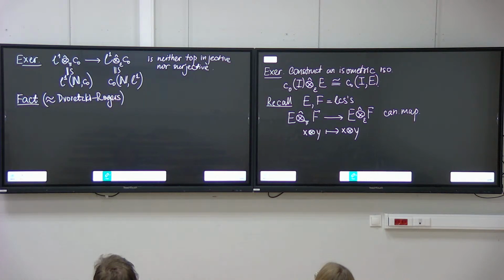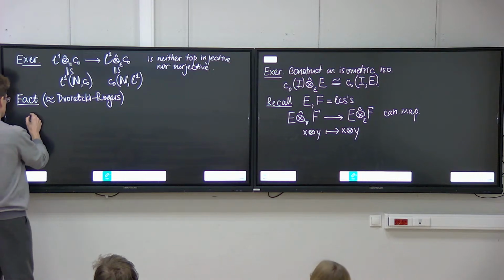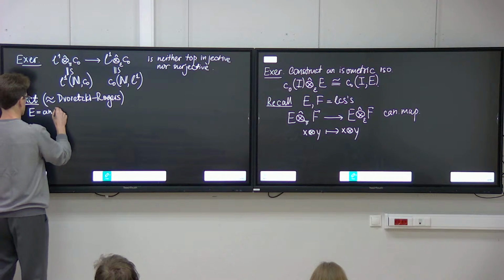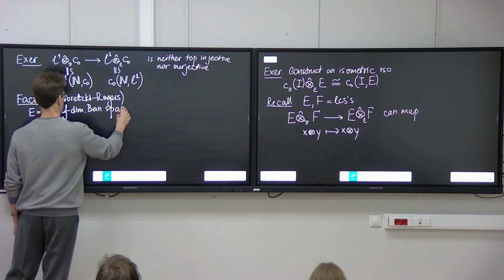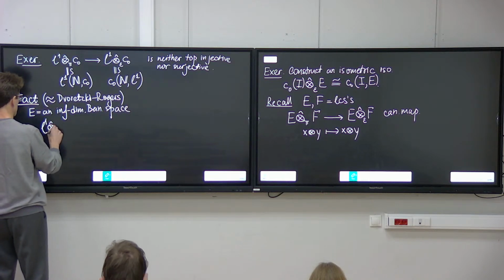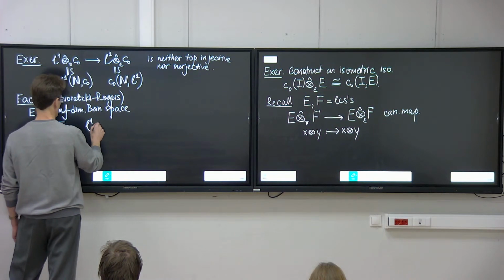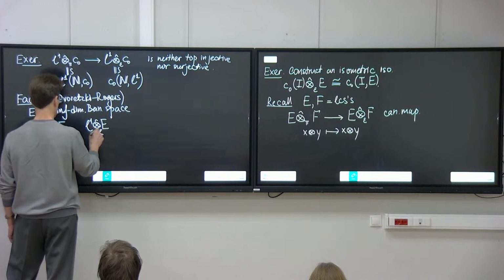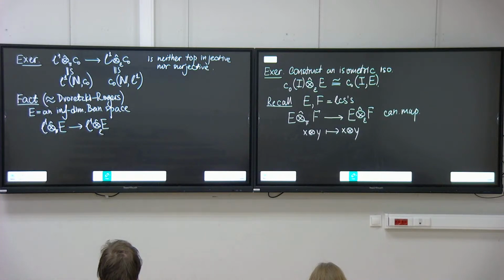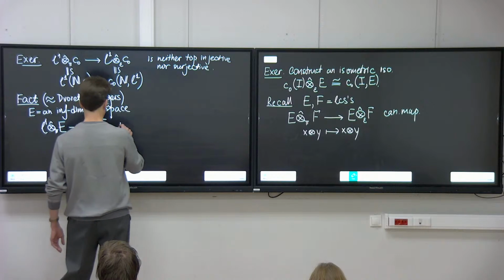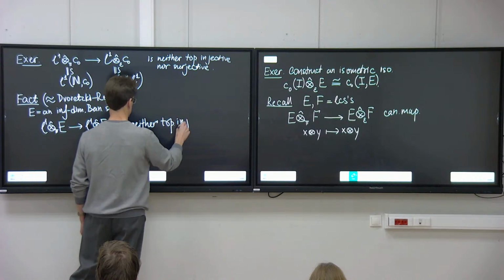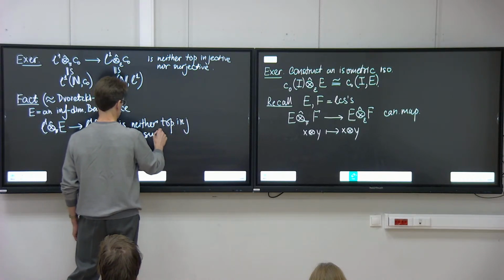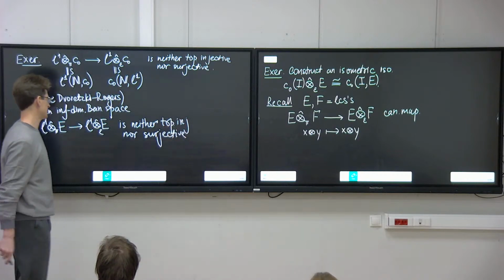This equivalent statement of this theorem is due to Grothendieck, and it states that if E is an infinite dimensional Banach space, then the canonical map from the projective tensor product of L1 and E to the injective tensor product of L1 and E, for an arbitrary infinite dimensional Banach space, not necessarily fixed, is neither topologically injective nor surjective. Yes, for any infinite dimensional Banach space.